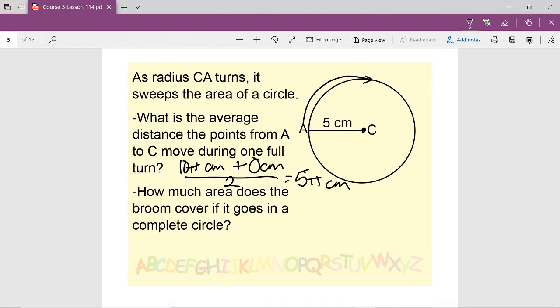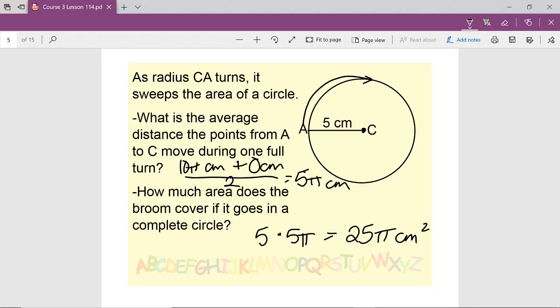So how much area does the broom cover? Well, from our formula that we said earlier, we're going to take the width of the broom, so 5 centimeters, and multiply it by the average that it moves, which is 5 pi, which gives us 25 pi centimeters squared.